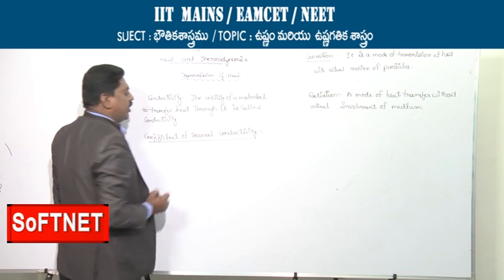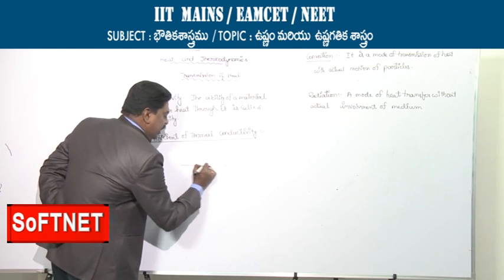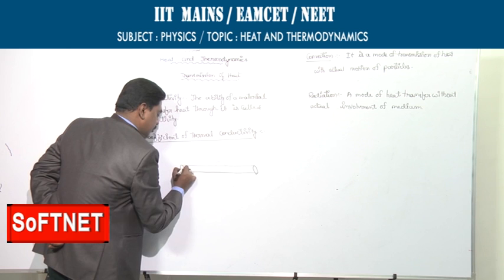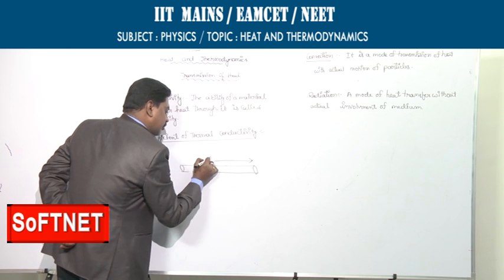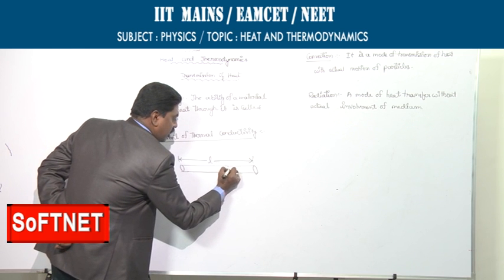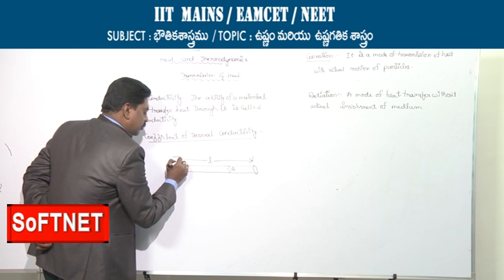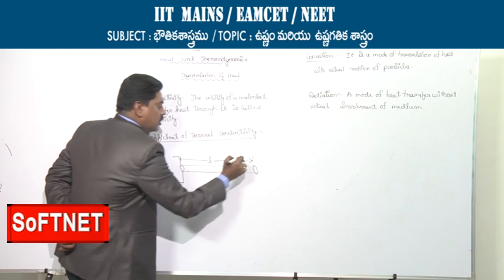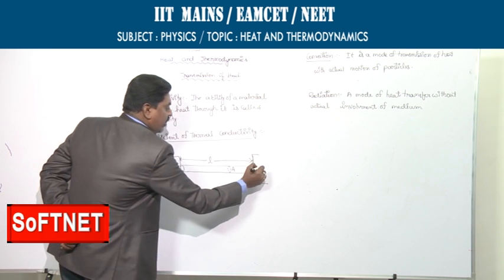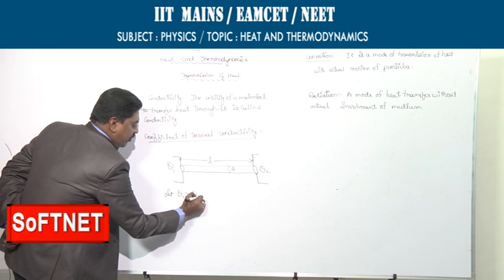Let us consider the following case to understand the coefficient of thermal conductivity. Consider a metallic rod of length L and area of cross section A fixed between two ends having temperatures theta 1 and theta 2. Let theta 1 be greater than theta 2.